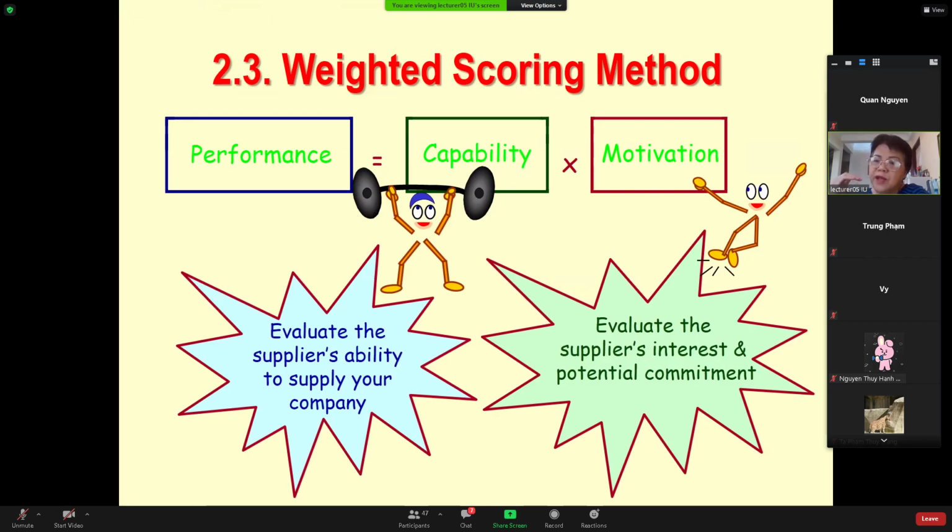If you want to evaluate the capability of a supplier, you have to think about the motivation behind their offer. For example, if a company offers you a very good price, that's because they think about the future.